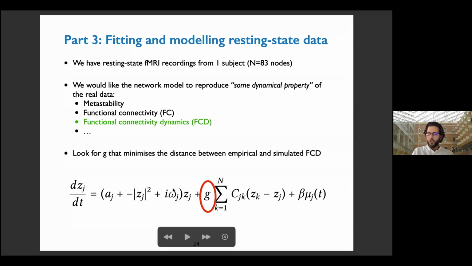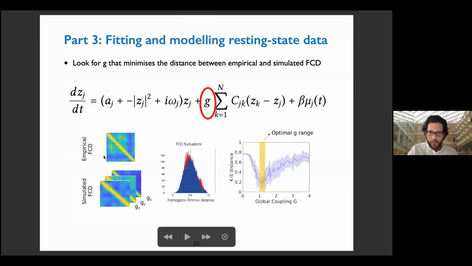We extract the omegas from the empirical data, and then we want to find the G that minimizes the distance between the empirical and simulated functional connectivity dynamics. So we are optimizing the fitting of the model by tuning this G parameter. This is what we typically have.